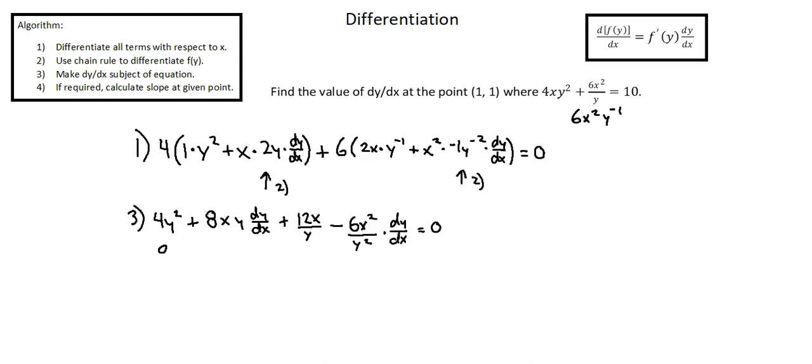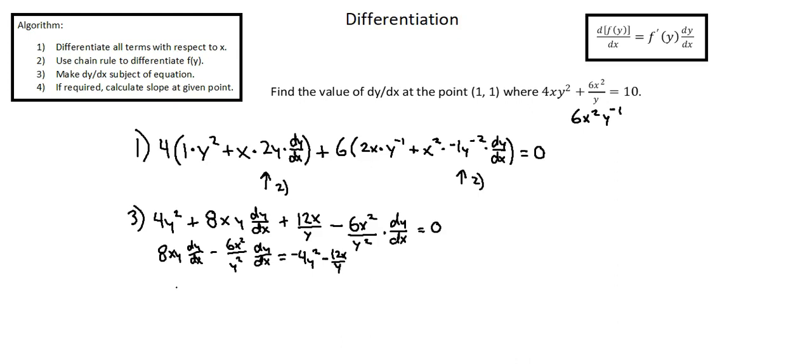So we will have 8xy times dy over dx minus 6x squared over y squared times dy over dx. And moving our other terms to the right side, 4y squared moved to the right will become negative 4y squared. And 12x over y moved to the right will become negative 12x over y.